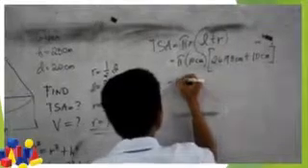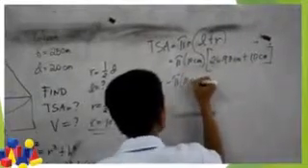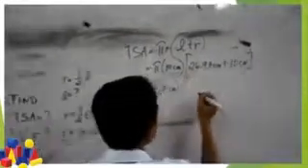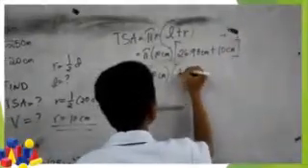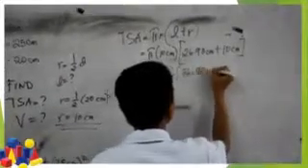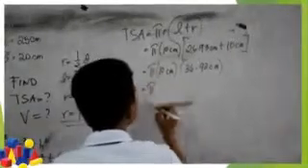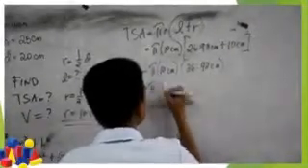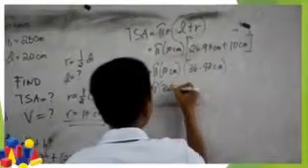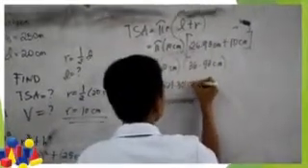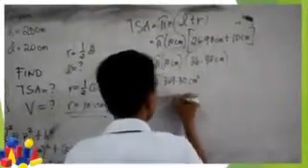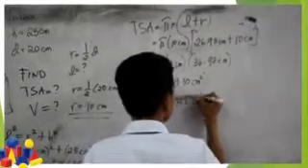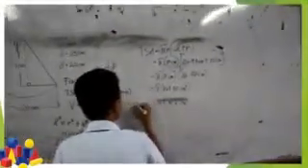We have pi times 10 centimeter times 36.93 centimeter. So find the product. We have pi times 369.30 square centimeter, or approximately 1,160.2 square centimeter. So we have the total surface area.